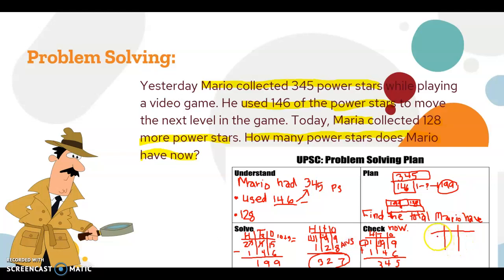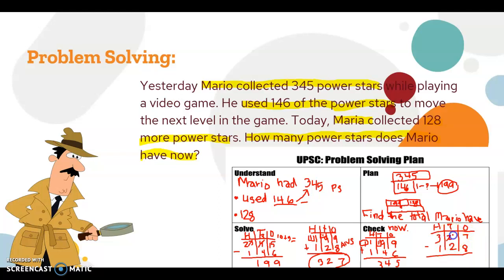And so I'm going to use my sum, which is 327, and I'm going to subtract 128 from it, and I should get my added in 199. I don't have enough ones up top to take away 8, so I'm going to regroup.